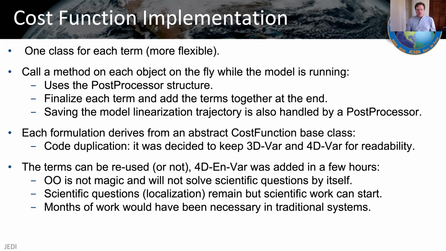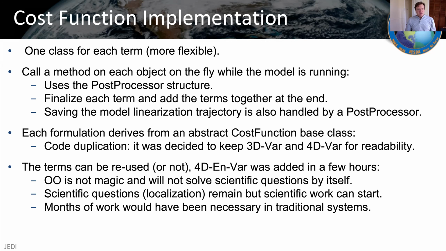Now you will see, if you look really carefully at the code, that if you choose your parameters wisely, you can reproduce 4D var with the weak constraint 4D var cost function and 3D var as well. However, many people thought that to learn the system, it was easier to have an explicit 3D var code in there that we can look at and understand before going to some more complex ones. So we kept them just because of the readability they provide.